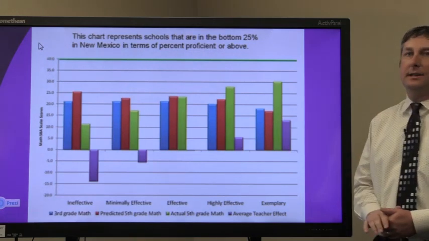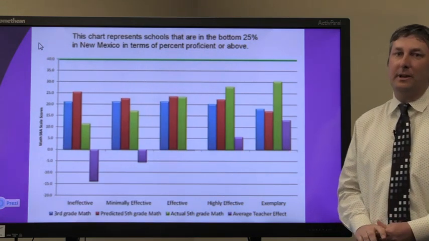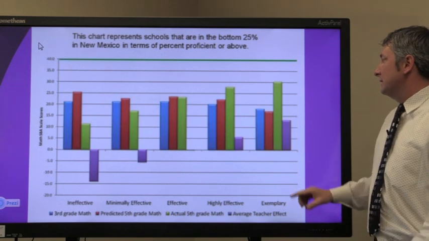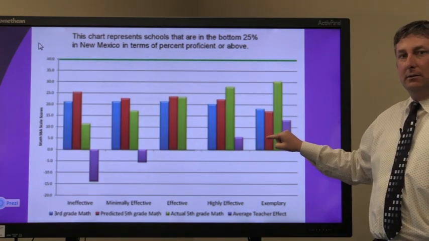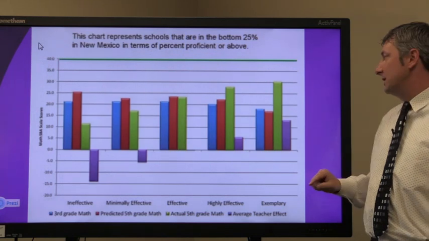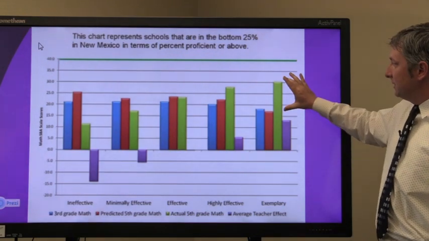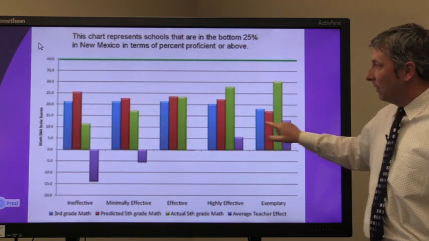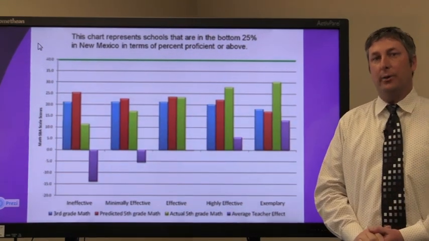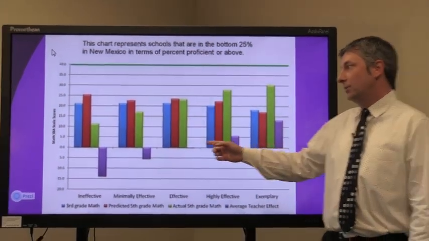The green bar is how the students actually performed after a year with the teacher. So as you can see, there's substantial growth between what we would have expected based on the student's previous academic achievement and where the students actually ended up at the end of the year. And that's represented by this purple bar with a scale score growth of about 10 to 12 points. And you can see the reverse holds true.